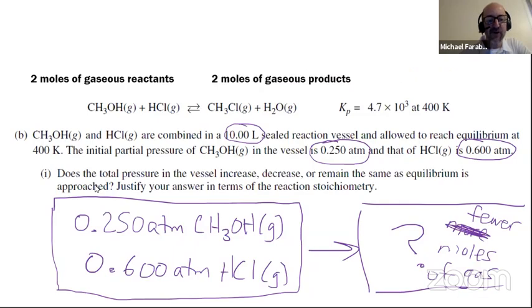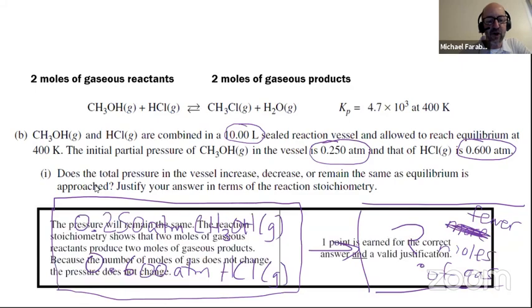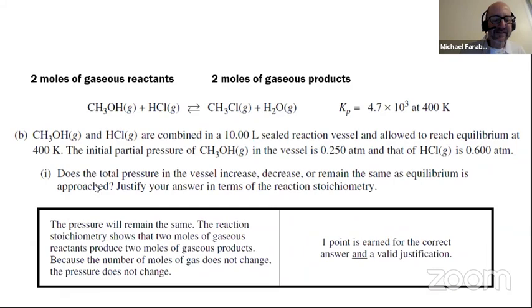So in fact, the total pressure in the vessel should remain the same. So the pressure will remain the same because the reaction stoichiometry shows that 2 moles of gaseous reactants produce 2 moles of gaseous products. So because the total number of moles of gas does not change, the pressure does not change.